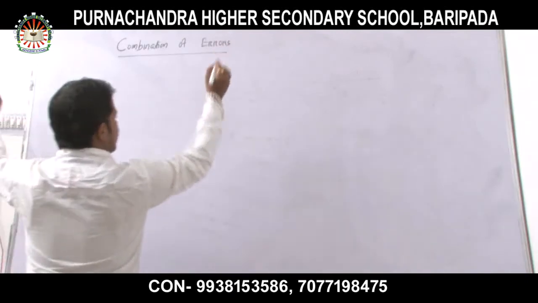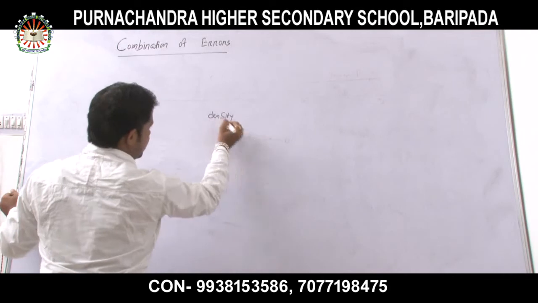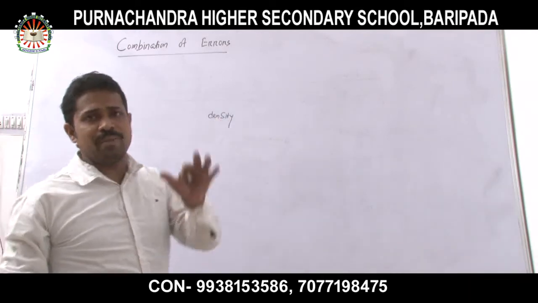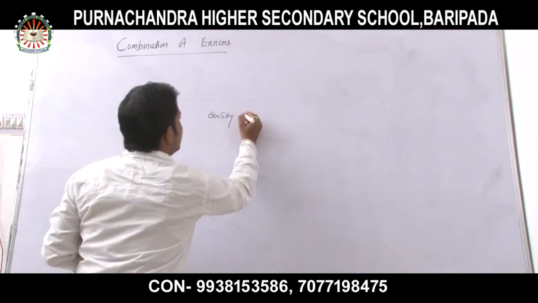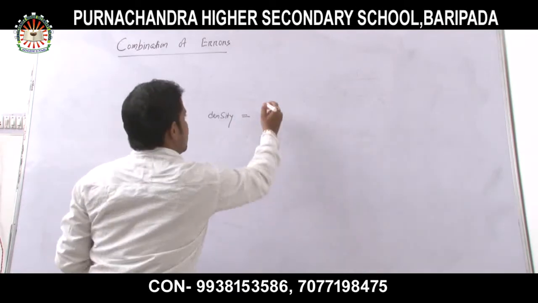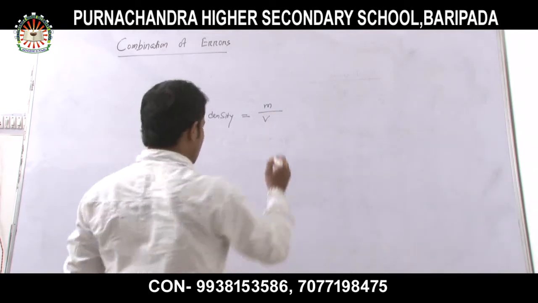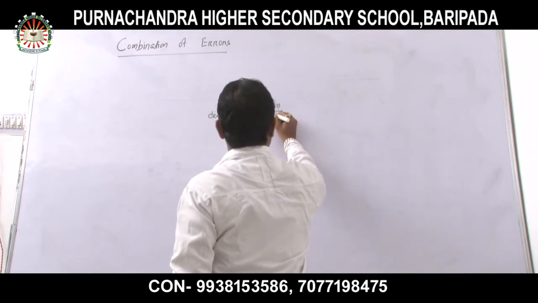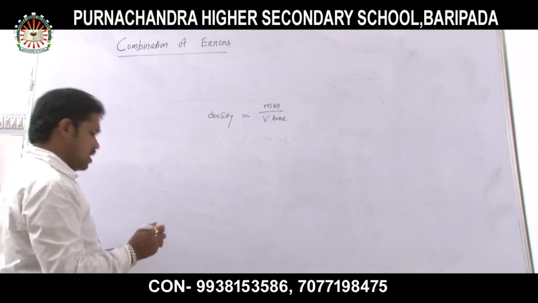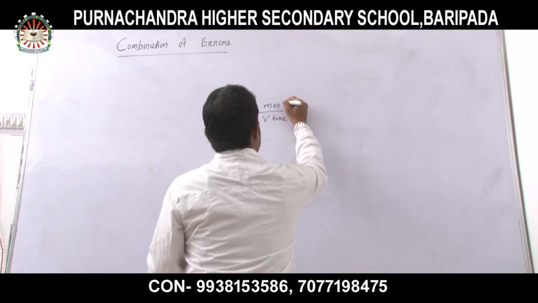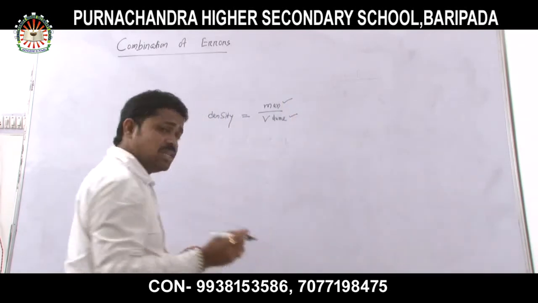Suppose I want to find the density of a material in an experiment. Listen very carefully. We all know the formula: density is mass divided by volume. But suppose during the measurement of mass there is some error, and during the measurement of volume there is some error.